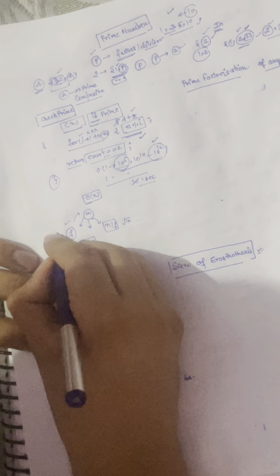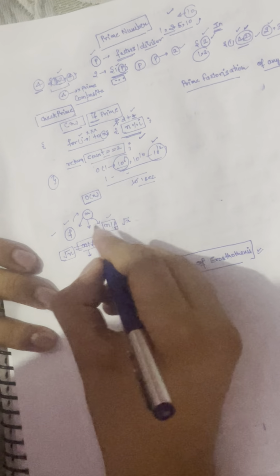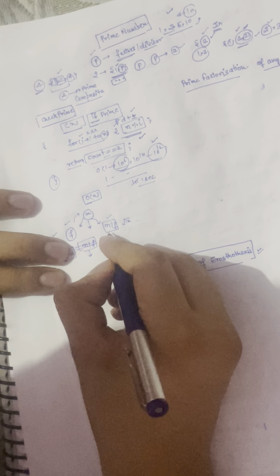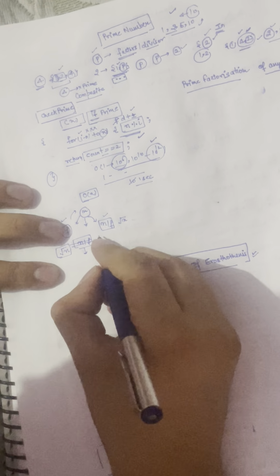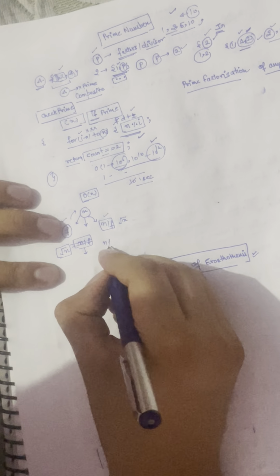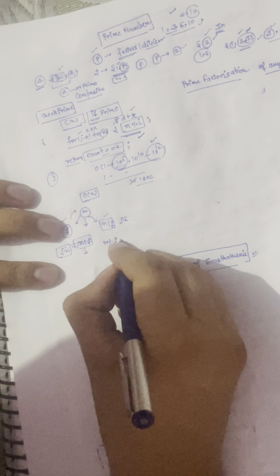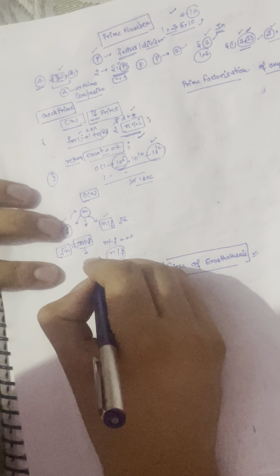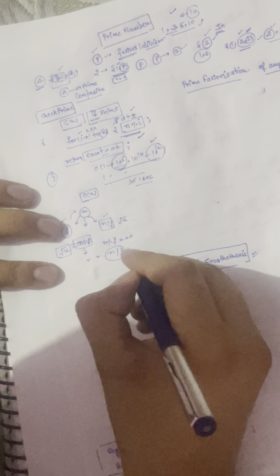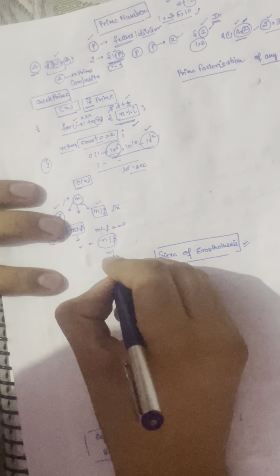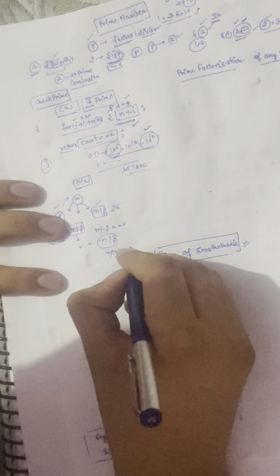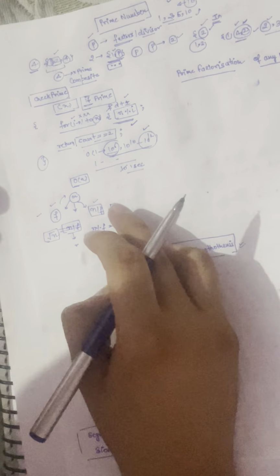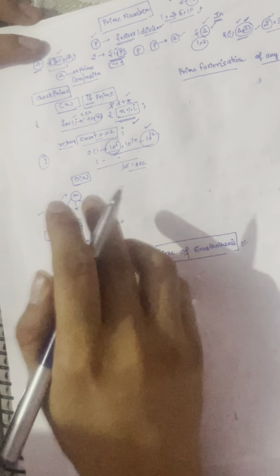So if f is a factor, then n by f is also a factor, because if f divides n, there is no remainder, and whatever result n by f we get, we would be able to divide n by that result as well.